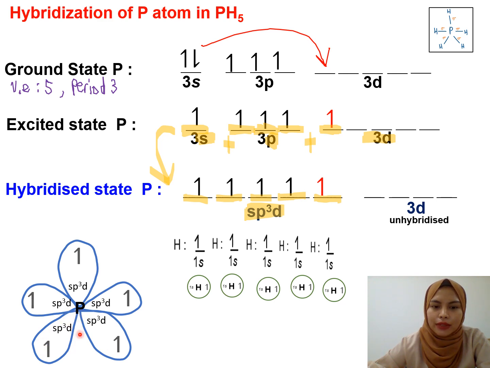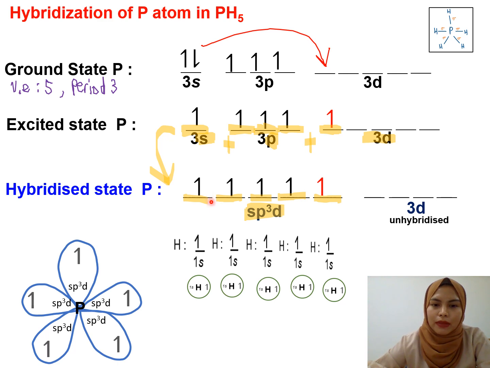So you draw this, this is the hybrid orbital of phosphorus P. Okay, and then it has 5 lobes because it has 5 sp3d hybrid orbitals, and also in each lobe there is a single electron, right? Because in each of the sp3d orbitals there is a single electron.